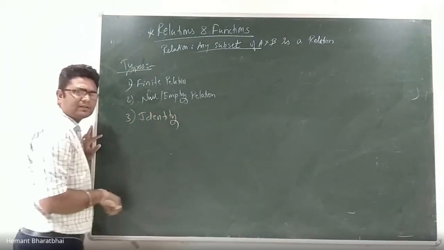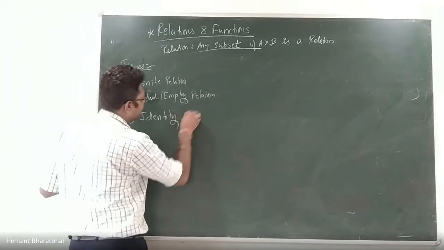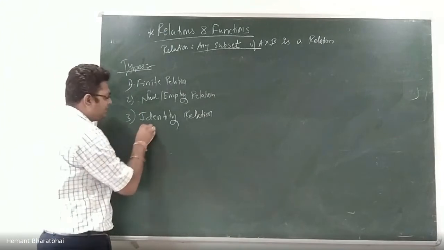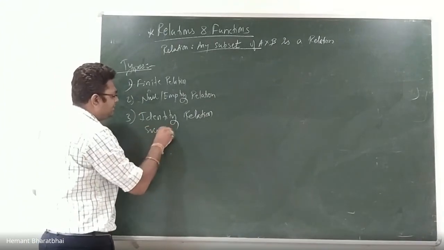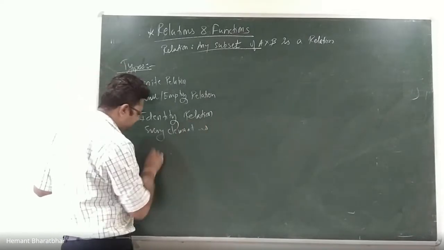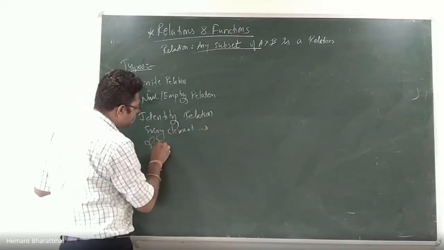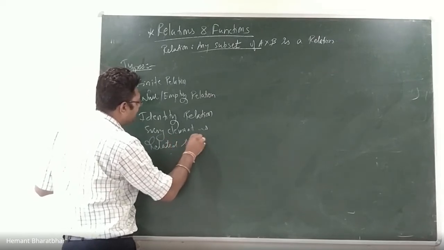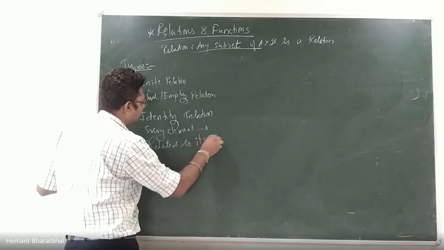So one is called an identity relation. What is an identity relation? Every element is related to itself only. This word 'only' is very important.